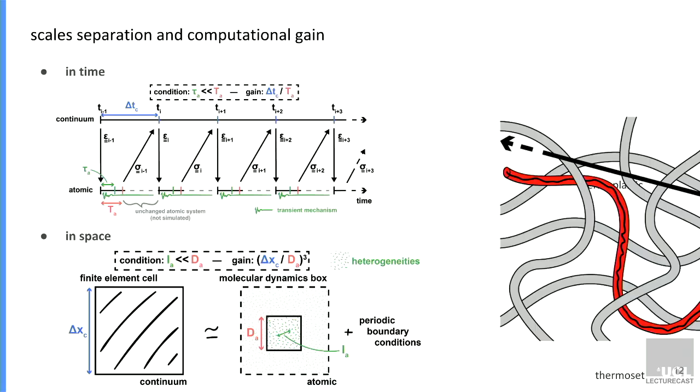You only have to simulate a few times that size, plus applying periodic boundary conditions to your system, and you have basically an equivalent system. So the gain, once again, is the ratio between that length and that length, this being a few nanometers, and this being a few micrometers. So you can have a massive gain by decoupling the scales.